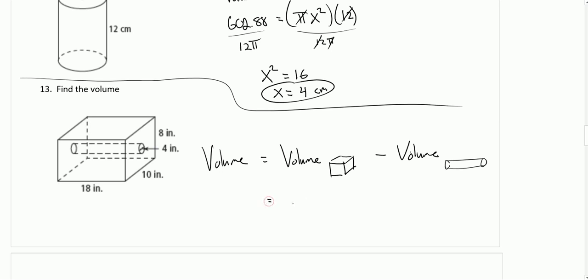And so the volume of the prism is the length times the width times the height. Sorry, that should be a 10 times 8.